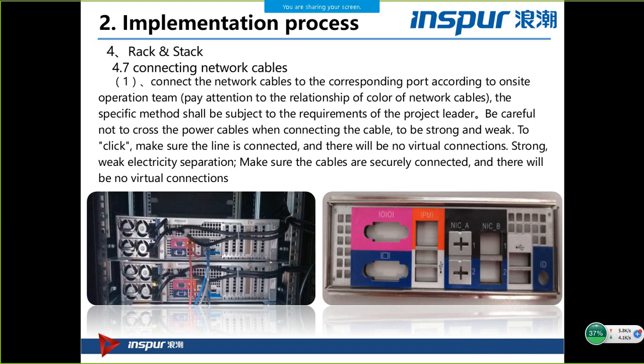For example, the network cables may have 3 colors: red, blue, and gray. So, for example, the red one should be inserted to the IPMI port, and the other two should go to the network card. So don't make mistakes about the connection.